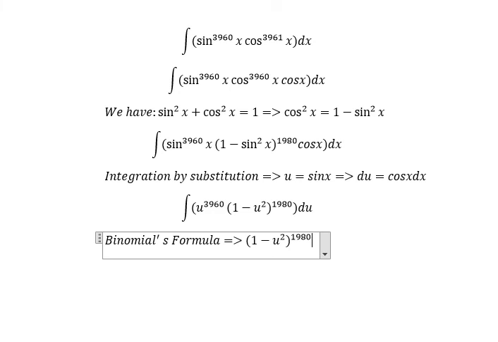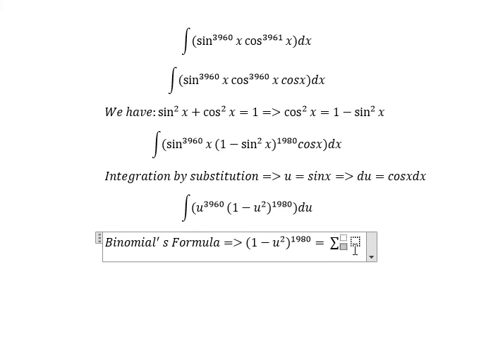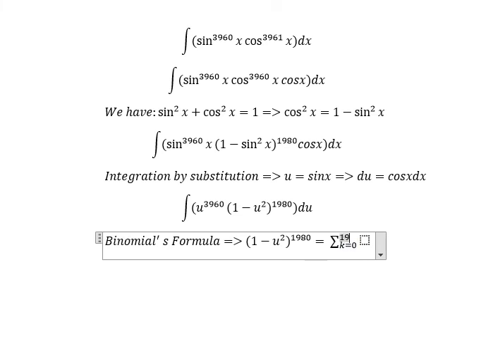So we got about the sigma. Here we have k equals to 0, and on the top we have 1980 multiplied with the combination.